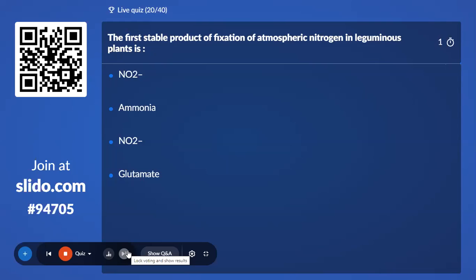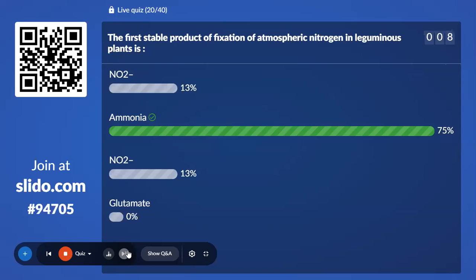Last, we have glutamate. Majority vote on the screen: 75% with ammonia, and the correct answer is ammonia. Ammonia is the very first stable product of atmospheric fixation of nitrogen in leguminous plants. 4th leaderboard for the day on the screen.